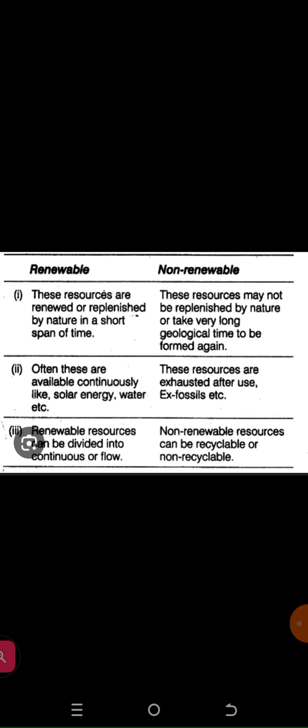Now we will discuss the examples of renewable and non-renewable energy resources. The examples of renewable energy resources are solar energy, biomass energy, which means the energy we get from plants and animals' waste, wind energy, geothermal energy, and hydropower energy. Geo means earth and therm means heat.